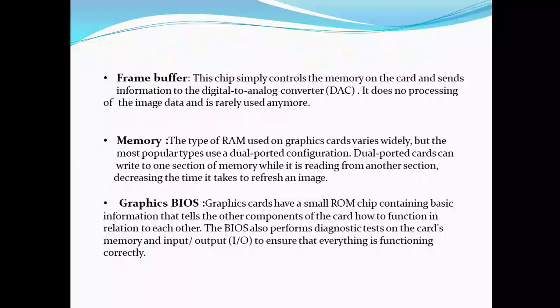It does no processing of the image data and is rarely used anymore. Memory: the type of RAM used on graphics cards varies widely, but the most popular types are dual-ported. Dual-ported cards can write to one section of memory while reading from another section, decreasing the time it takes to refresh an image.